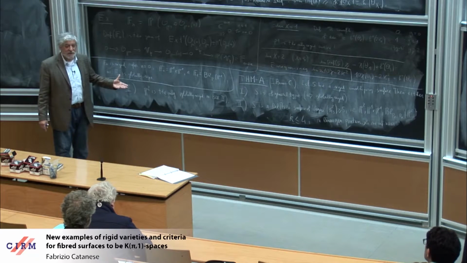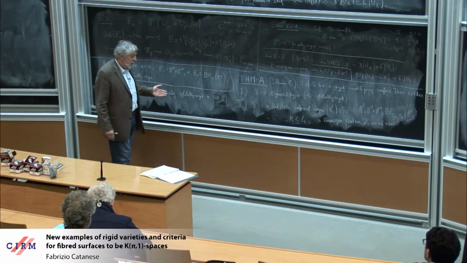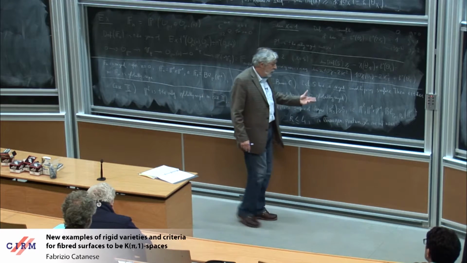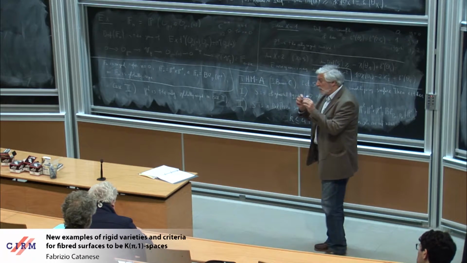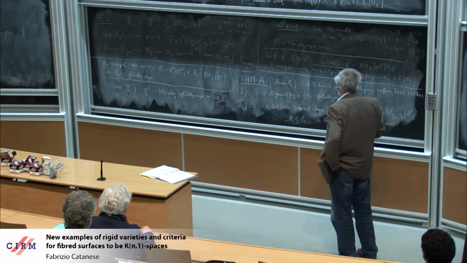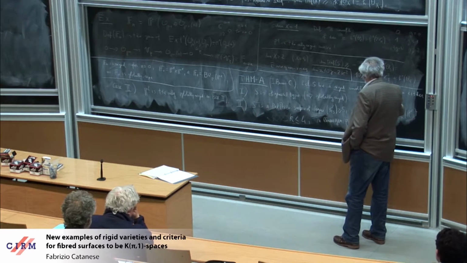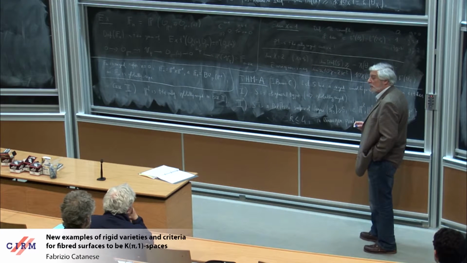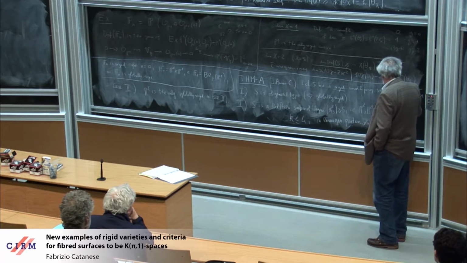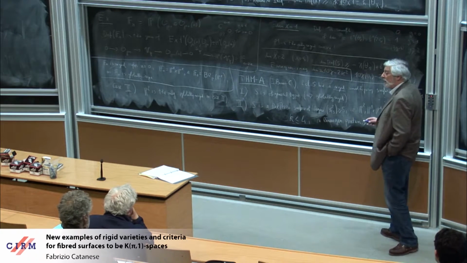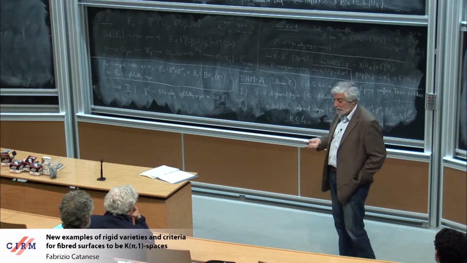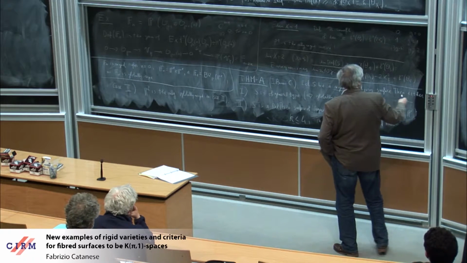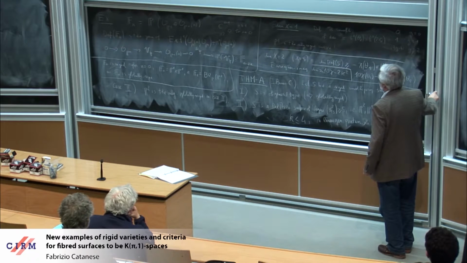In the case of surfaces, it just follows for the following reason: for F1, I've already shown that it deforms, and in these other cases, if you blow up 3 points which are non-collinear, then you can deform these 3 points so that they become collinear. And then you get a so-called weak del Pezzo surface. It contains a -2 curve and is not isomorphic. And so in this case, it's not so difficult to see.